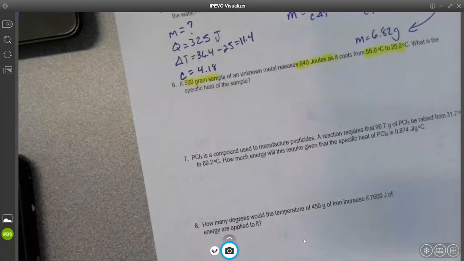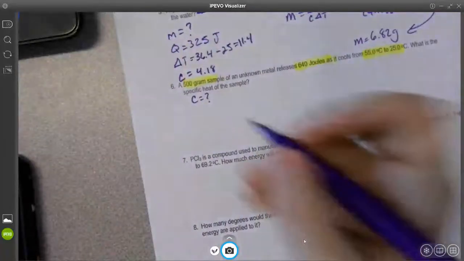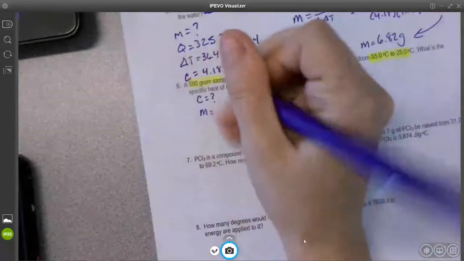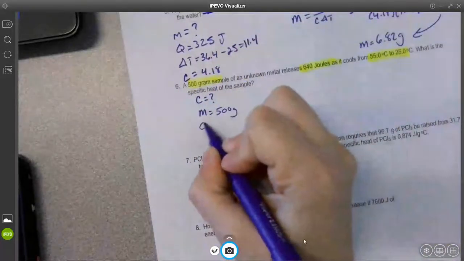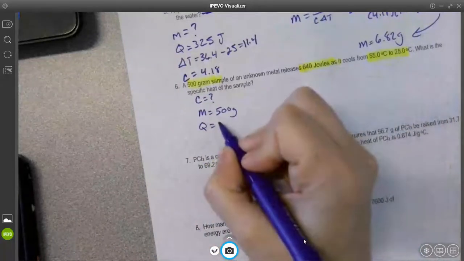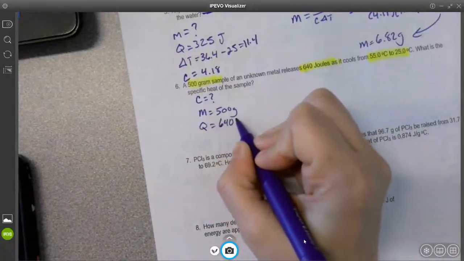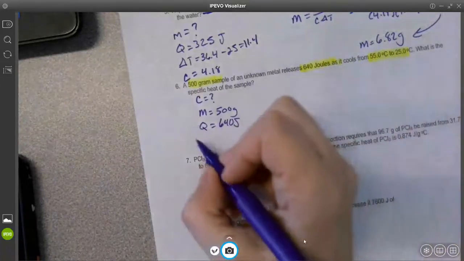What is the specific heat? So that means you're looking for C. Our mass is 500 grams. Our joules is our Q, because that's our heat, so 640.